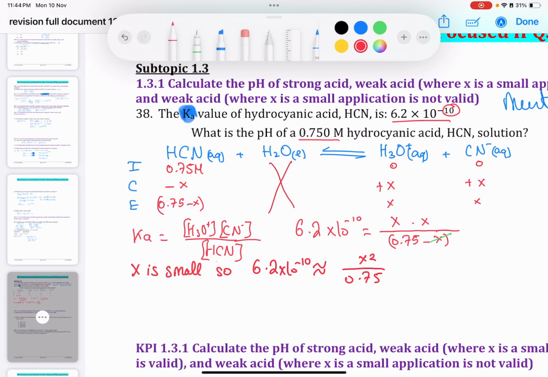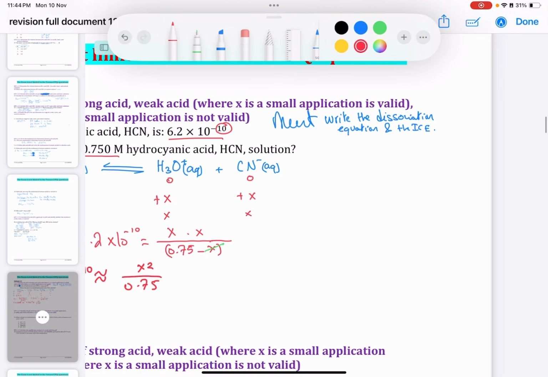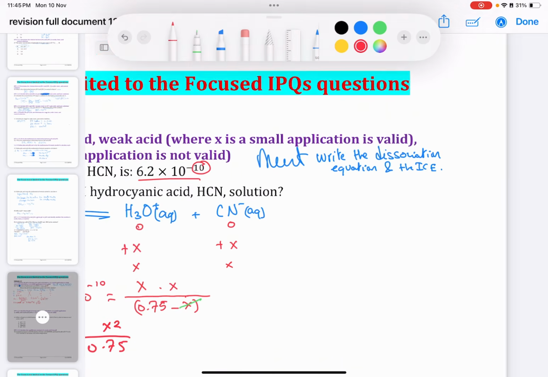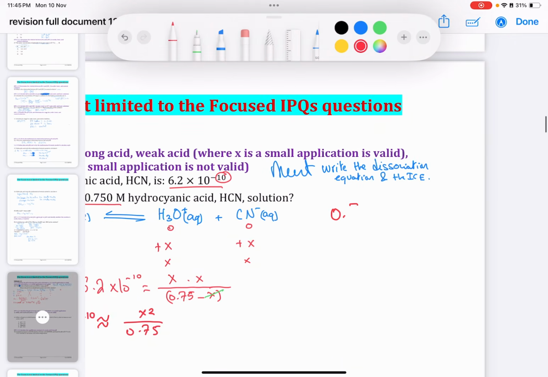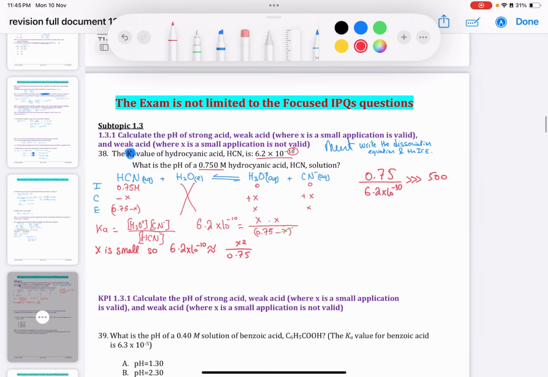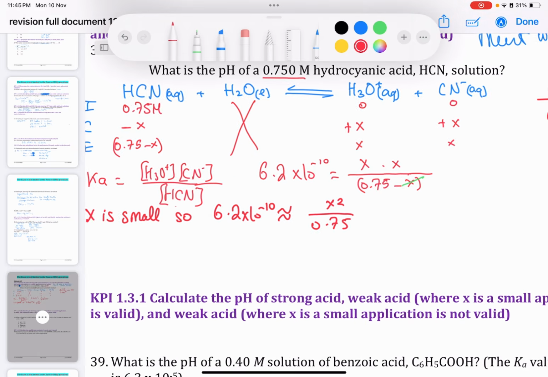And I can prove this to you. If I divide the given concentration, which is 0.75, over the Ka value, I am going to get a number that is a lot more than 500. Only when this answer is less than 500, you cannot do this assumption. But as long as you get a very large number, you can cancel this x.